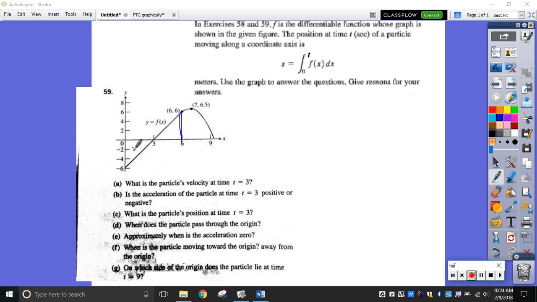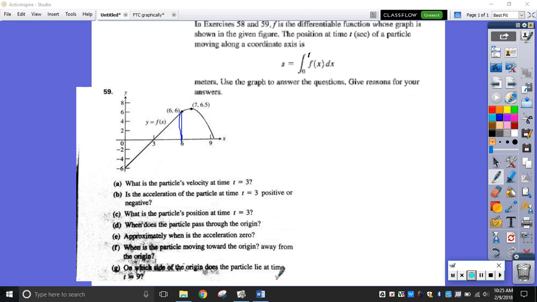And it was a negative, so that means the particle itself was sitting at -9 on a number line. And then from 3 to 6, the area is the same, but it's a +9. So that means the particle went to -9, and then after this time interval, it's now located at +9 on a number line. And then all of this area past that is still positive area. So that means that particle continued to be on the positive side of the origin. So on which side of the origin does the particle lie at t equals 9?